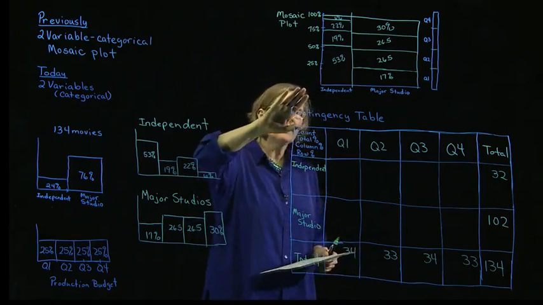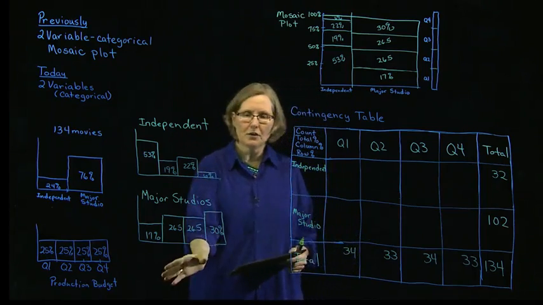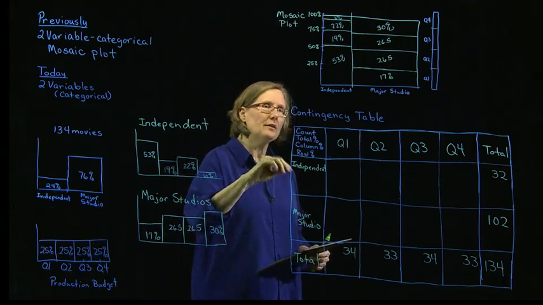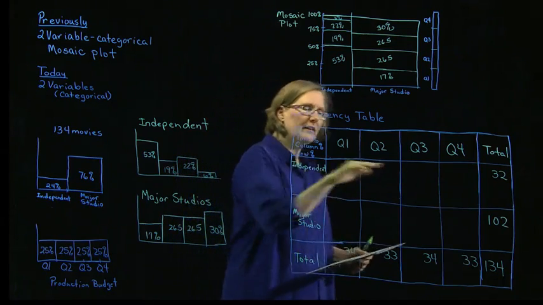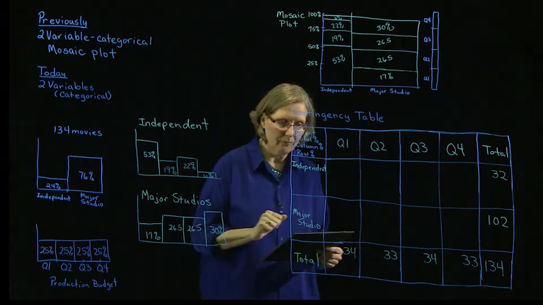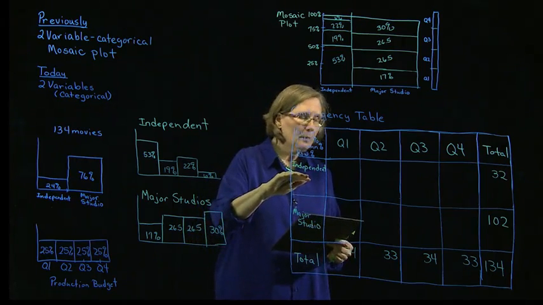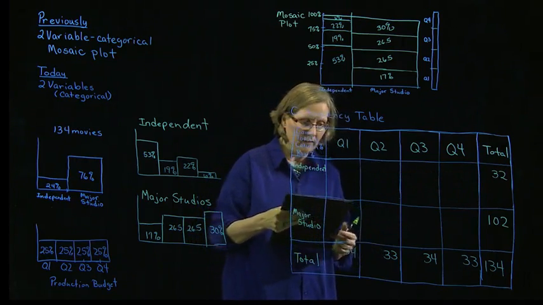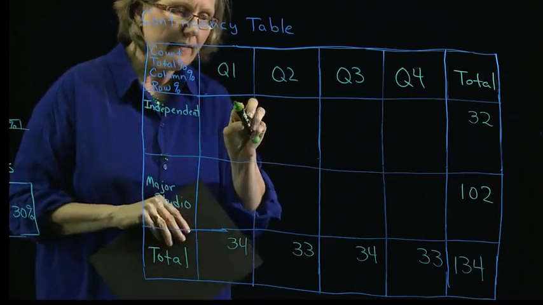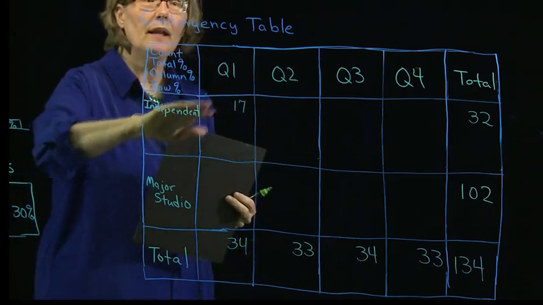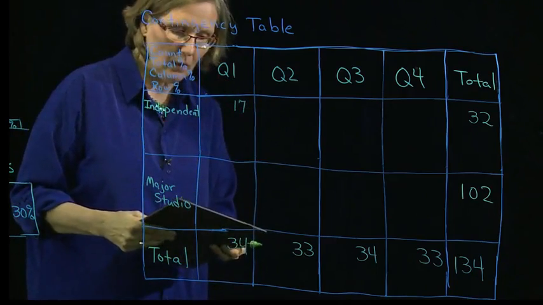Now, as we look at the mosaic plot or our 2 bar charts, we want to fill in the counts of the observations that fell into each of these cells. 53% of our independent movies were in quartile 1. Well, that means that 17 of our movies were independents that fell into quartile 1.